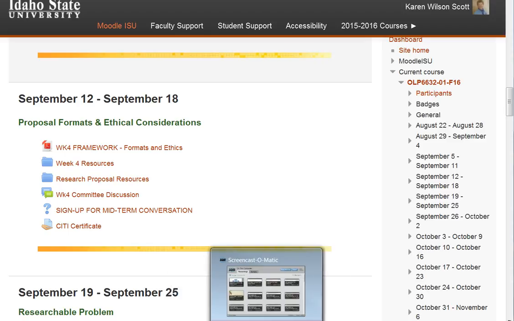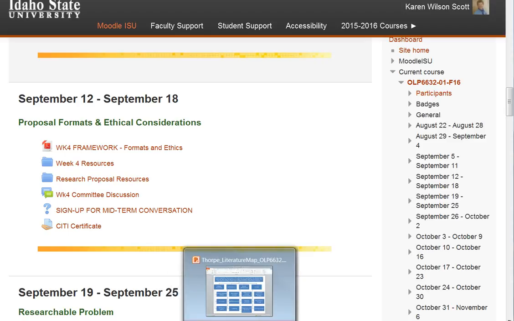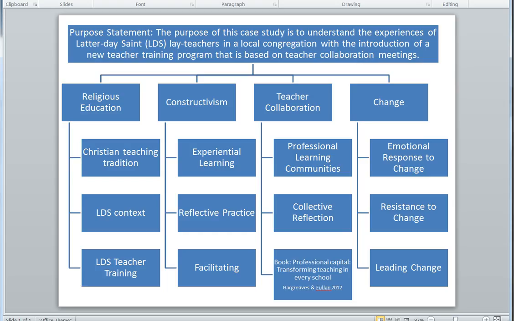So let's just take a look at one of the maps, and this map does start with a purpose statement. The purpose is a good guide for the entire study. As a matter of fact, I often refer to the purpose as the compass of the study. So for this particular map, the student is interested in, well, let's just read her purpose.